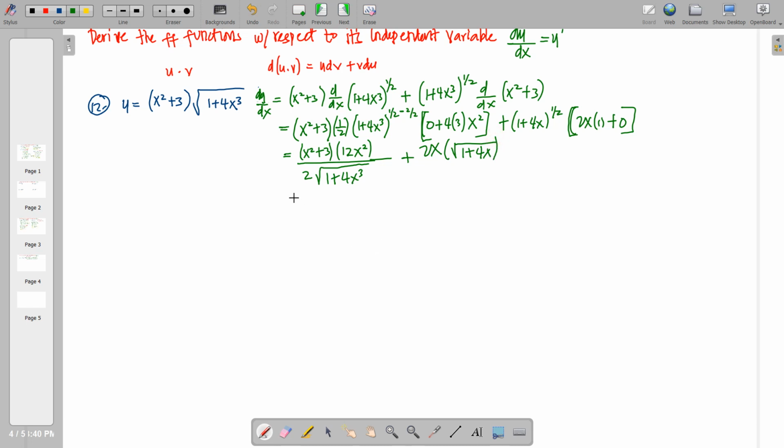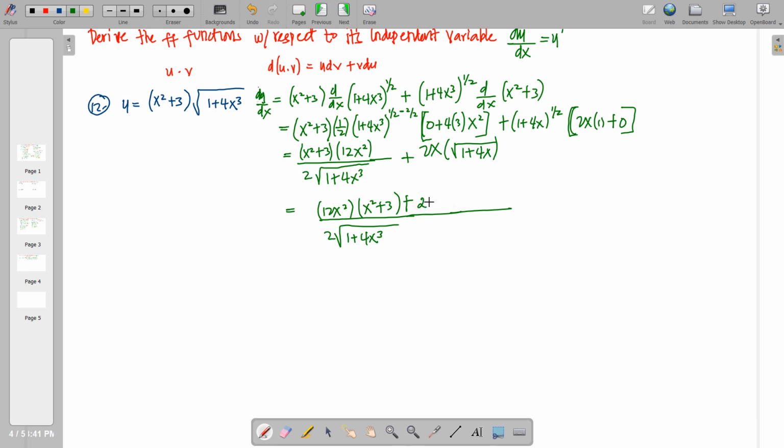So here we are going to merge this by its LCD. What is the LCD of this? 2. Okay, so this one divided by that is 1. All of the terms in the numerator will just be copied here: 12x squared plus 3. Okay, plus, this term will be the multiplier here.